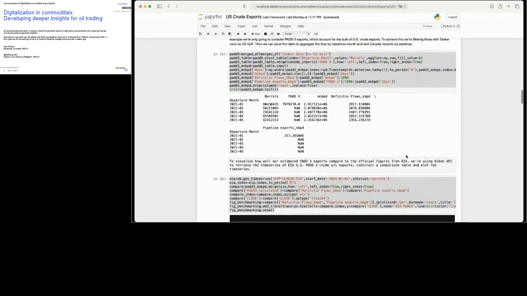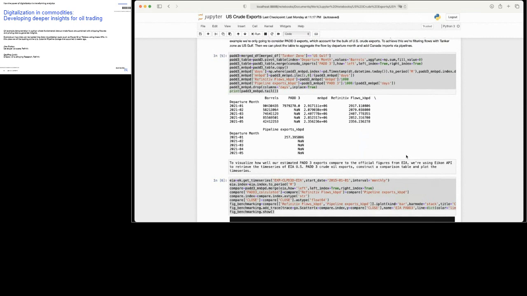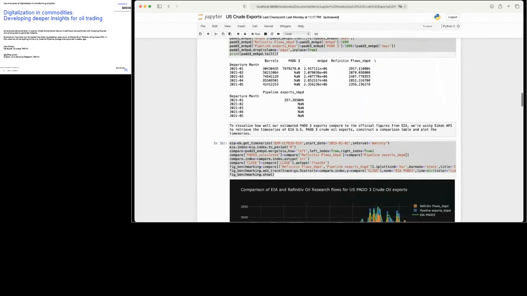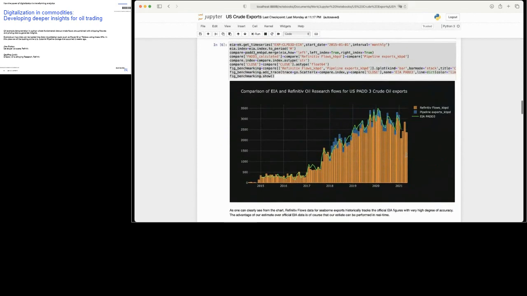To visualize how well our estimated PADD 3 exports compare to the official figures from EIA, we're using another API call to retrieve the time series for EIA US PADD 3 crude oil exports, construct a comparison table, and plot the time series.